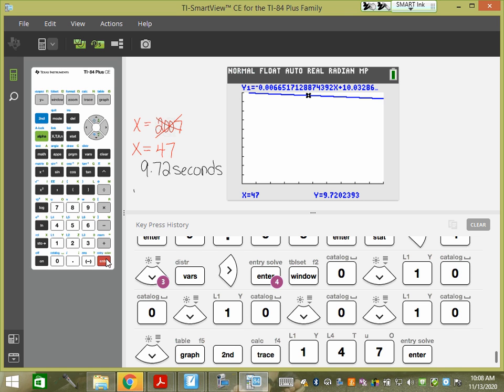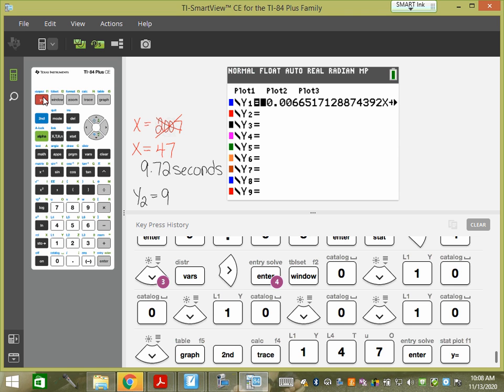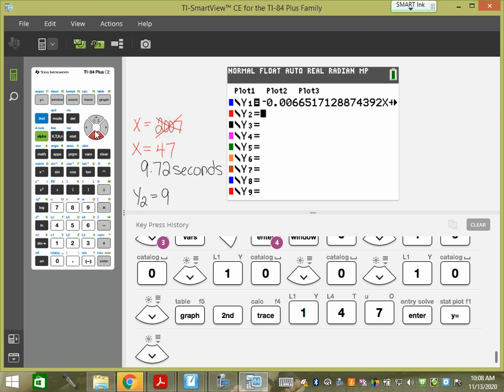If I gave you the 9 seconds, I gave you y, right? And it goes into y2. Try your hardest to not put it into y1. If you put it into y1, you've cleared out your equation, and you have to get your equation back. So it goes into your y2, 9, because it's 9 seconds, and seconds is y.